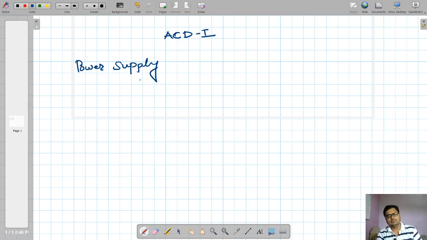See, in your first year lab also, you have seen a box which gives you a DC voltage and DC current. What's the input for the box? The input for the box is 230 volt AC, that is line voltage. Henceforth, whenever I say line voltage, by default you understand that I am talking about this 230 volt AC, which is available at our home.